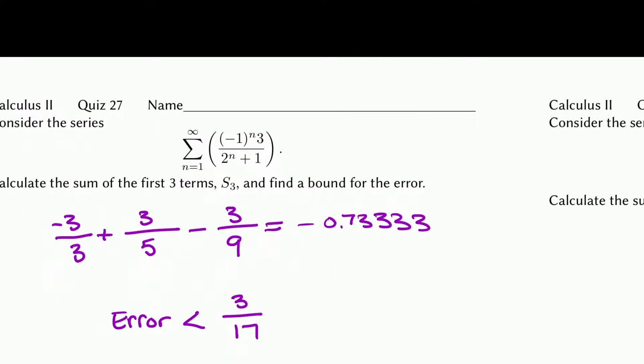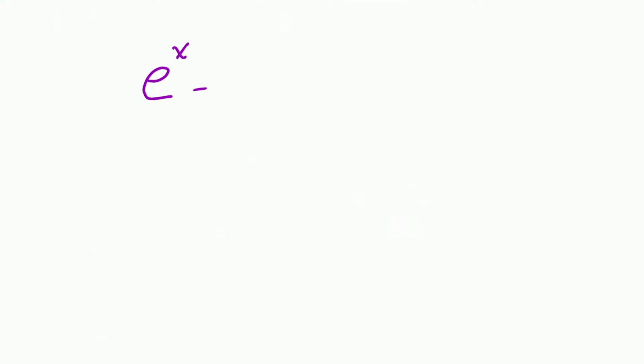Okay, so what are we doing today? Today we're kind of wrapping up the series stuff. The goal of all of this, I think I've mentioned, is to take a function like e to the x and express it as a series. So n equals 0 to infinity of x to the n over n factorial.